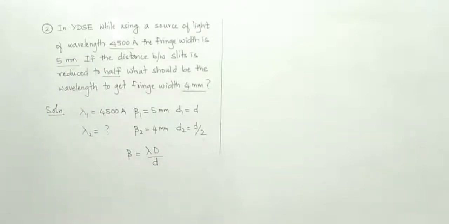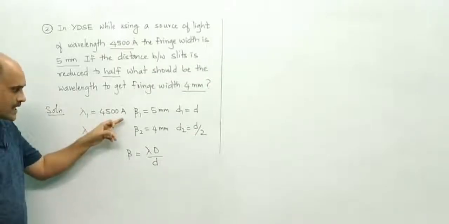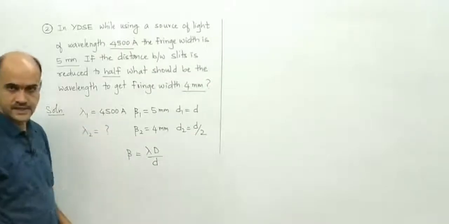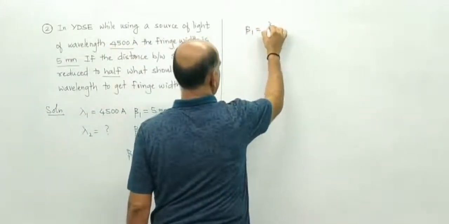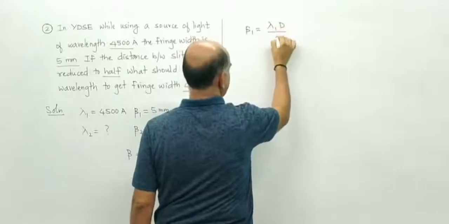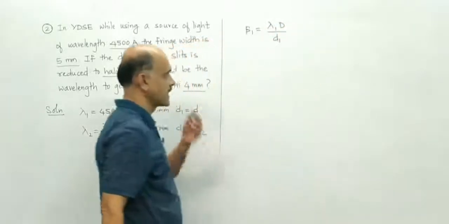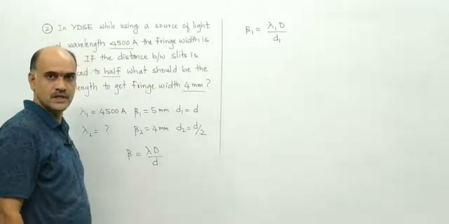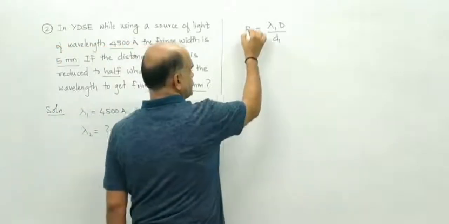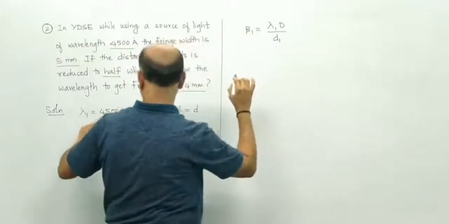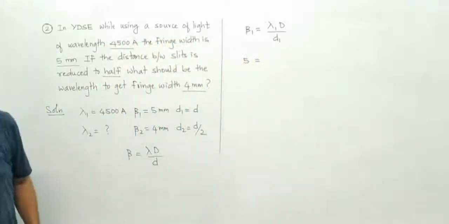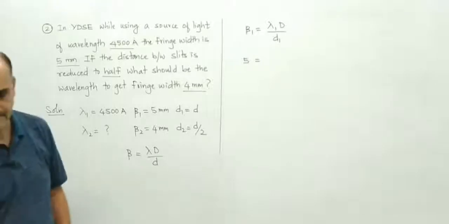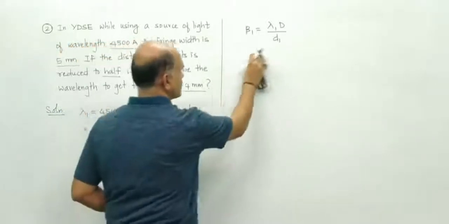Now if I write this formula for both cases, beta 1 is equal to lambda 1 capital D by d1. If I substitute the values, beta 1 is 5, or after taking the ratio I will substitute.